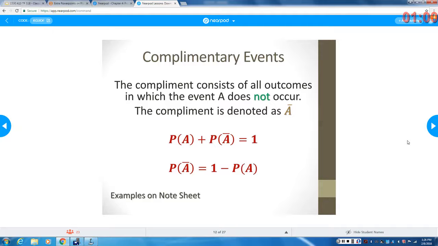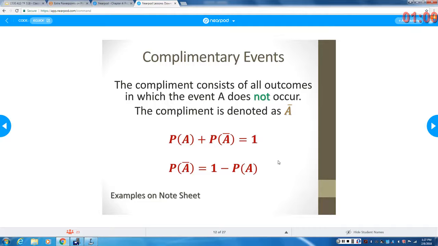We say A bar. So probability of event A occurring plus probability of event A bar, or the complement occurring, equals exactly 1. That's the whole sample space. So we could solve for this, and this is the complement rule, 1 minus probability of A.